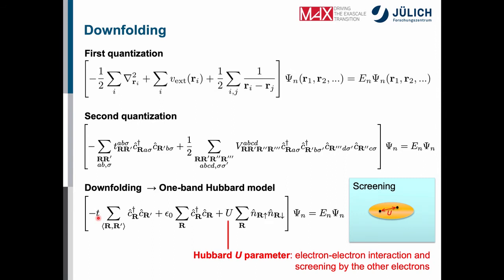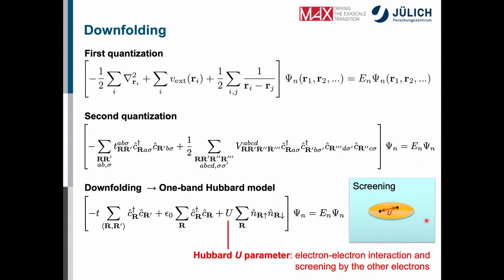Now, what is the Hubbard U parameter? Is it one of those matrix elements, or is it an average over them? No, that's not so, because we should not forget the rest of the system. We have separated the Hilbert space into the correlated subspace and the rest. And the rest also contains electrons, and these electrons take part in the screening of the electron-electron interaction.